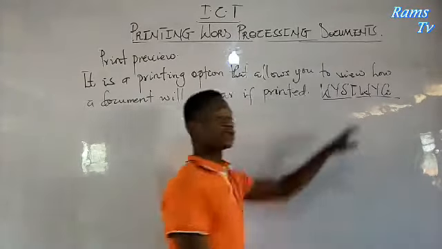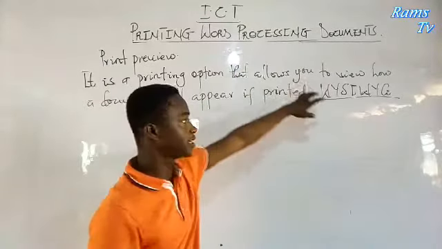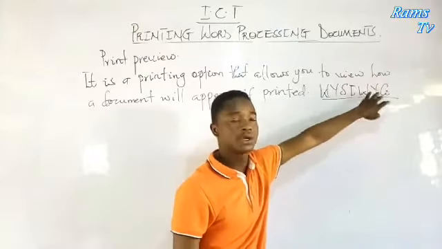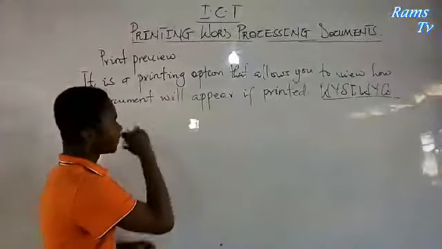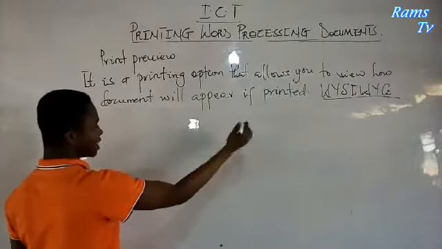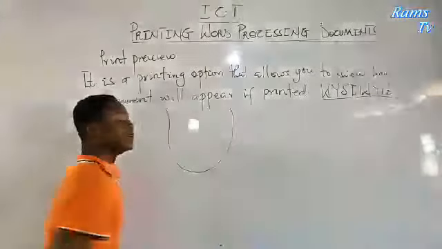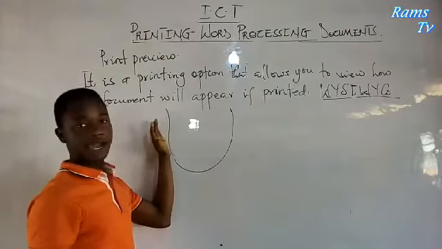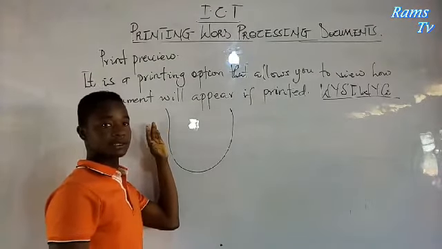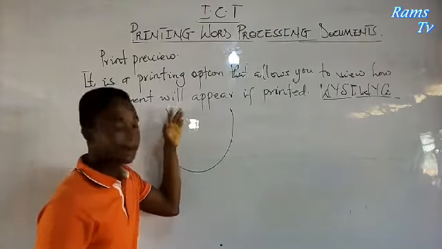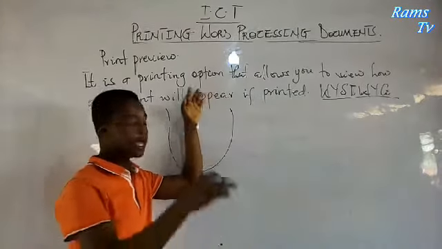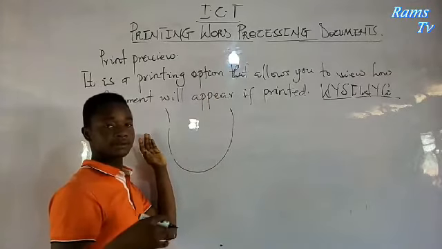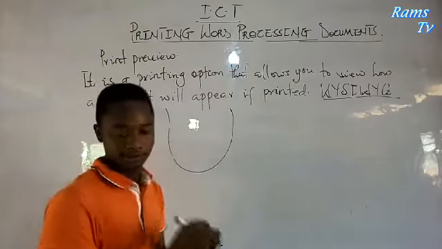This means if in your original document you see this U inside your document, if you print this document out, you are going to find this U inside your document. So print preview allows you to see how your document would look if you print it out. Hope you are getting it.